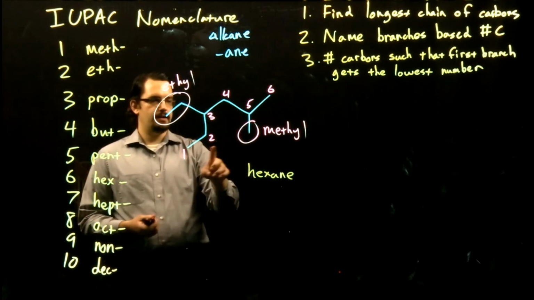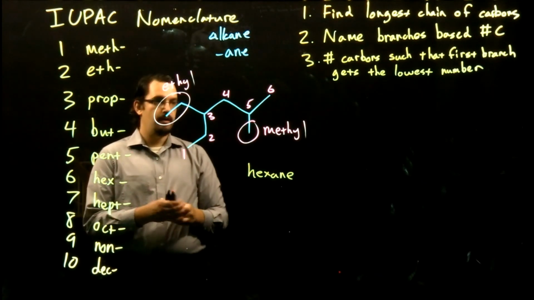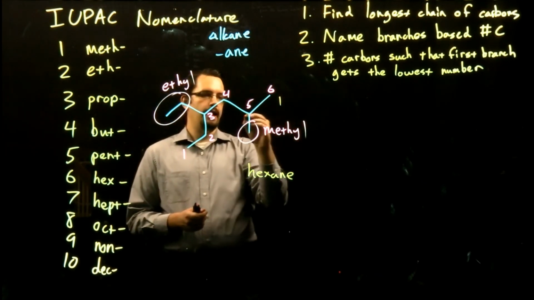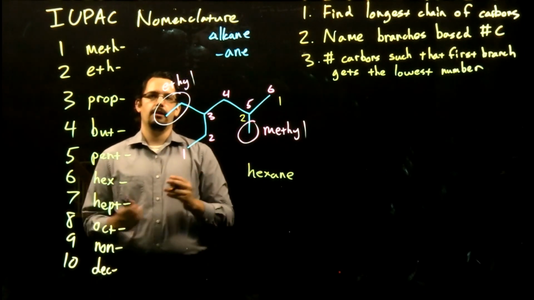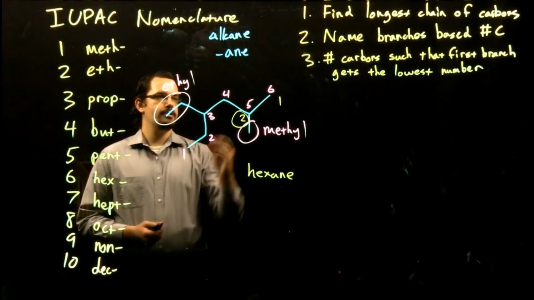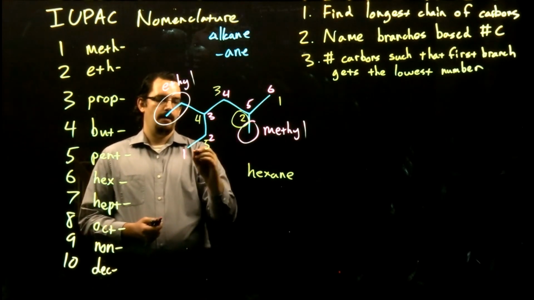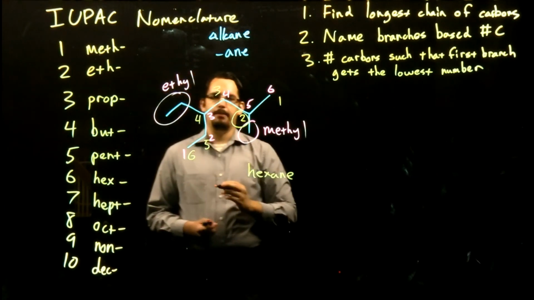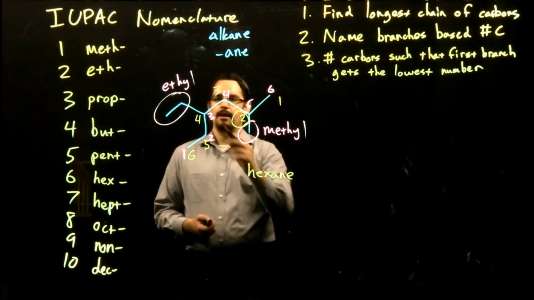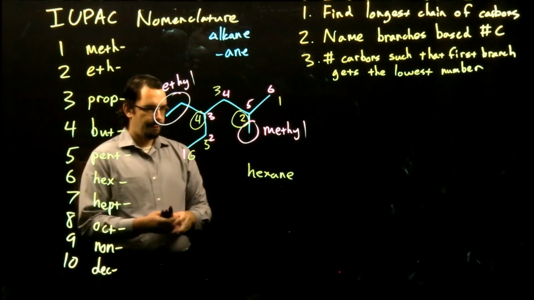So if I start here from the left, my first branch occurs at the 3rd carbon. If I start here at the right, my first branch occurs at the 2nd carbon. So I want to use the orange numbering system. That puts my methyl branch at the 2nd position and my ethyl branch at the 4th position.